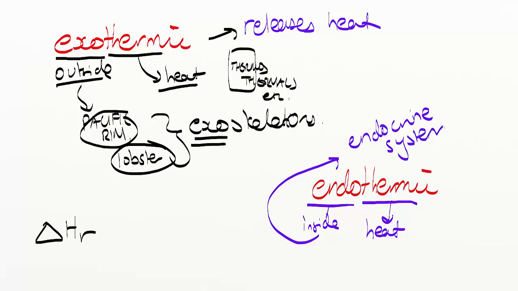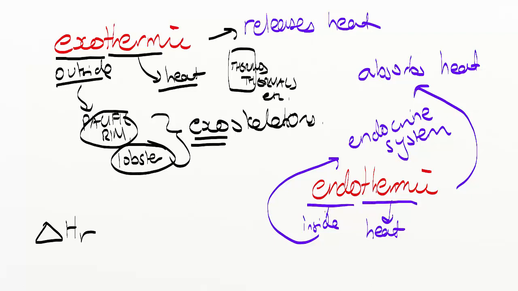In medicine, the endocrine system is talking about all the hormones and all the changes that happen inside the body. So inside heat, an endothermic reaction is something that absorbs heat from the environment. Okay, so exothermic releases heat, endothermic absorbs heat.